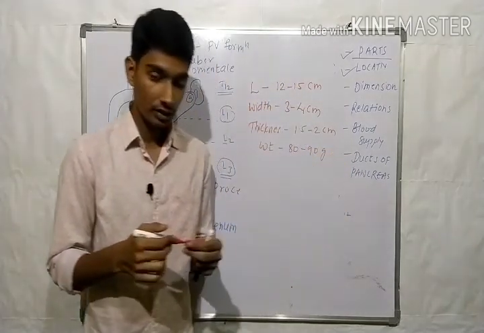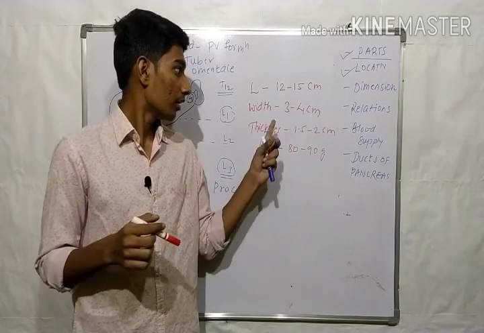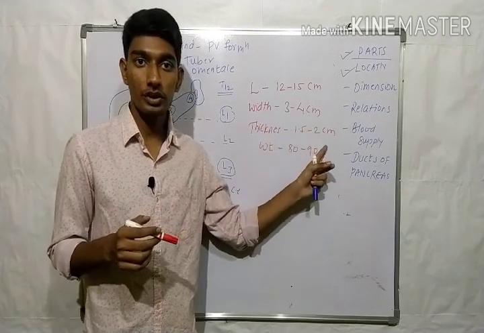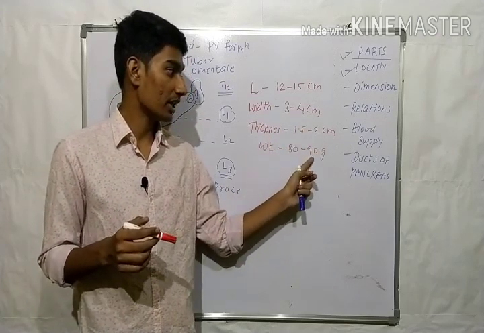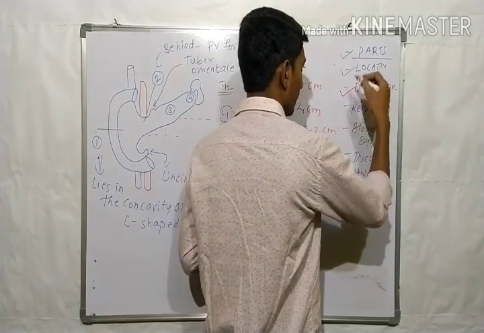So the length of the pancreas is 12 to 15 centimeter, width 3 to 4 centimeter, thickness 1.5 to 2 centimeter, and the weight of the pancreas is 80 to 90 gram. So this is about the dimension.